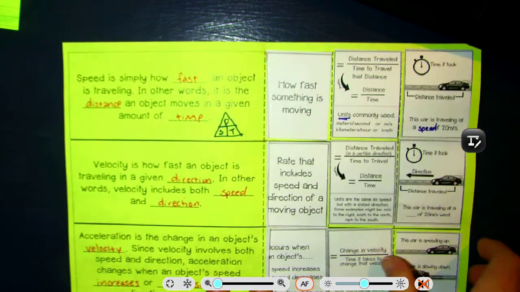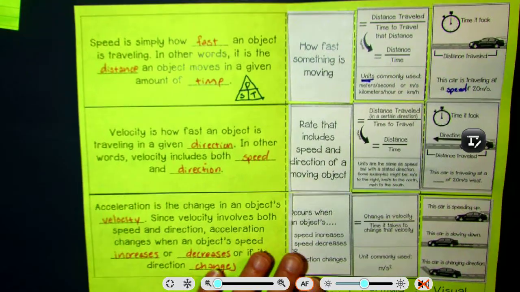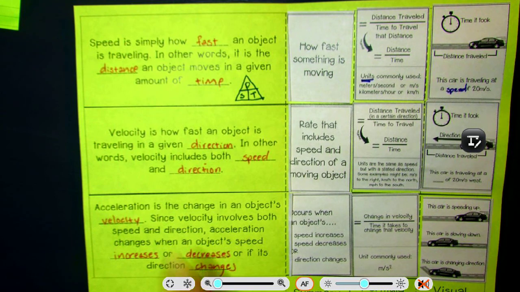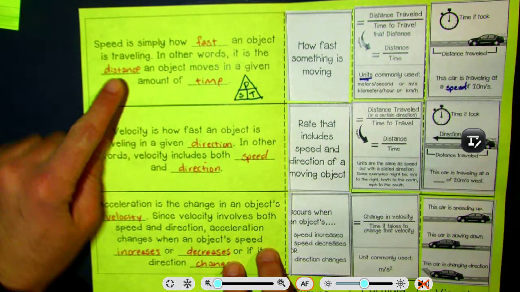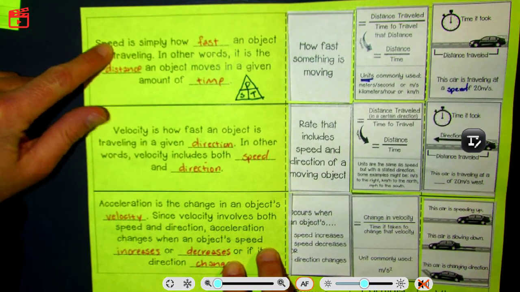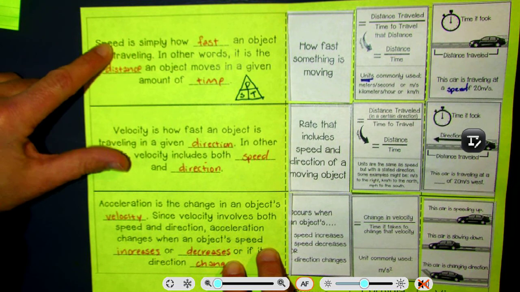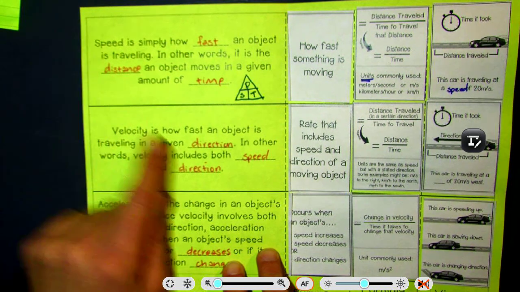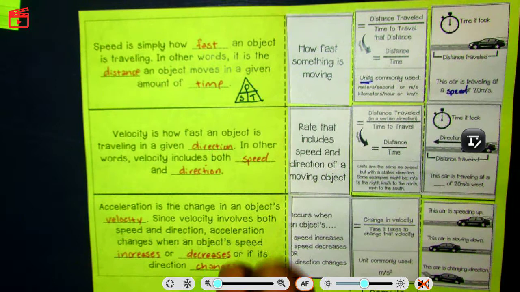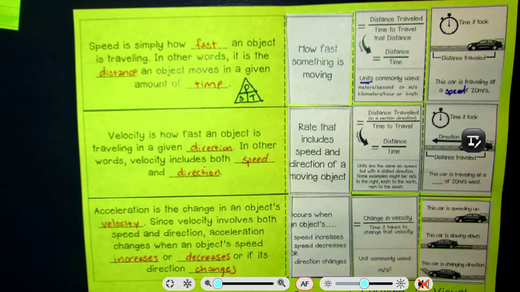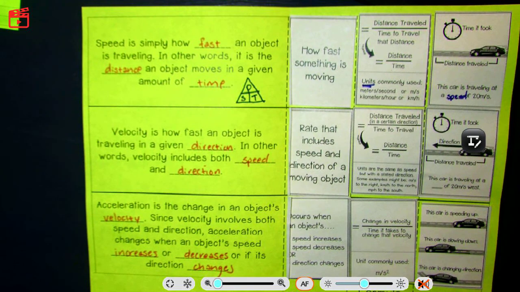On this next part, velocity is how fast an object is traveling in a given direction, okay? So velocity, we have speed included in it, right? But we're adding direction. So in other words, velocity includes both speed and direction. So over here, velocity is the rate that includes speed and direction of a moving object.